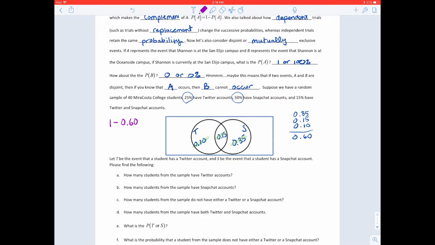And so in the box, that must mean we're going to have 0.40 or 0.4. So I'll just put that out here. Good so far? Don't you just love probability? I do.